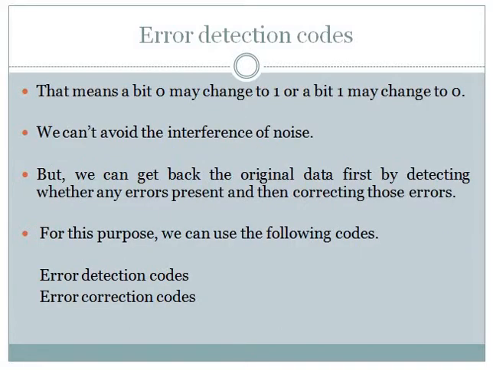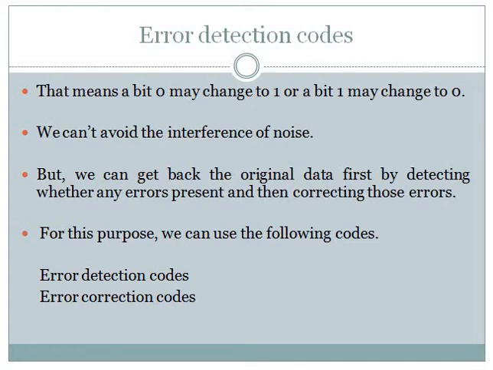So this means a bit 0 may change to 1 or a bit 1 may change to 0. This is the error that occurs between the source and destination. We can't avoid the interference of noise. Definitely there will be noise. It can't be avoided.